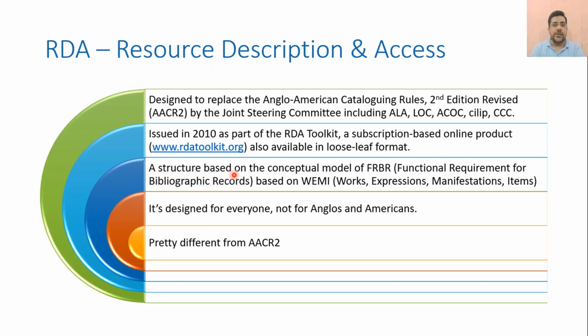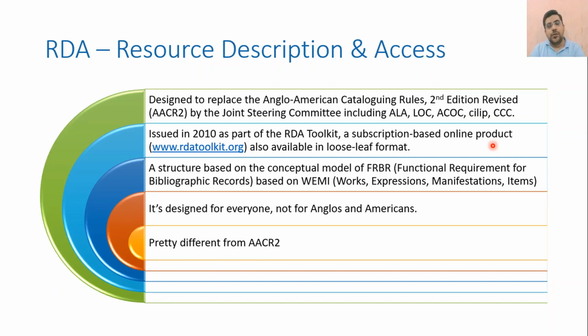So the structure is actually based on the conceptual model of FRBR, Functional Requirements for Bibliographic Records, and based on WEMI. It's actually designed for everyone, not for Anglos and Americans, and it's pretty different from AACR2.